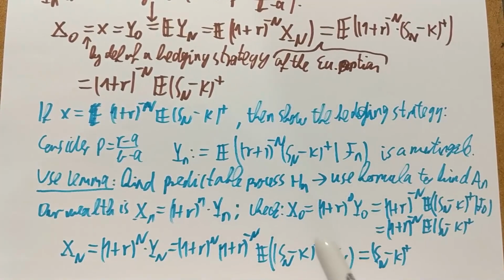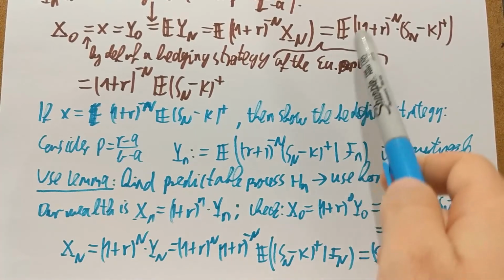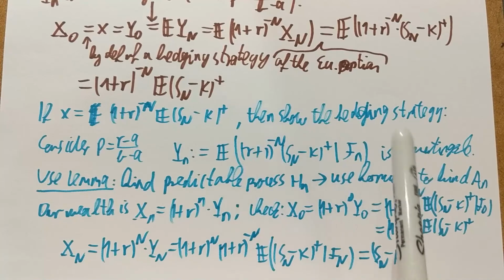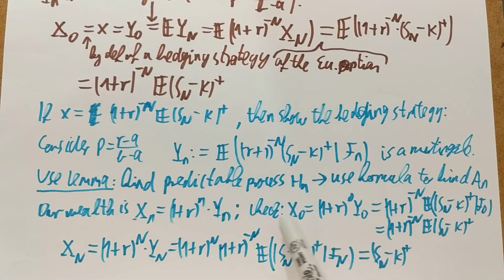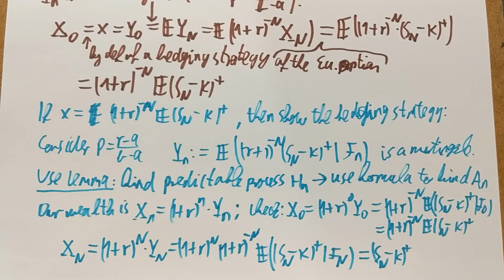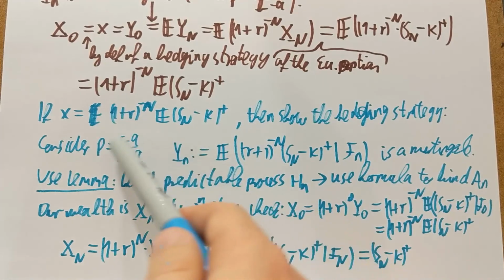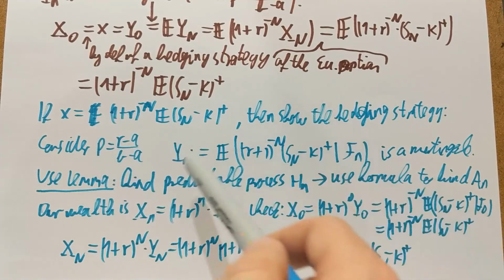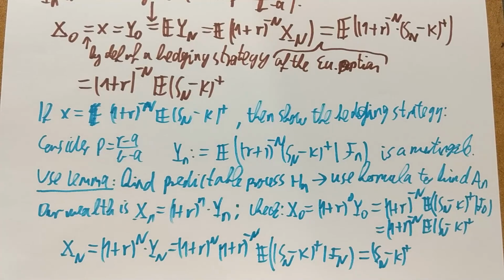And for the second part of the proof, we found that if there is an initial value of (1 plus r) to the minus n times the expectation of (Sn minus K) positive part, then we can build up a hedging strategy for that. And we used this artificial probability space, the martingale, and the formula for the predictable process for that. And that completes the proof.